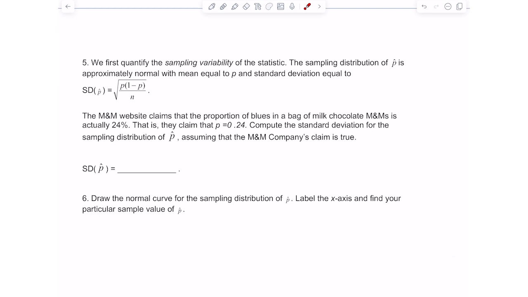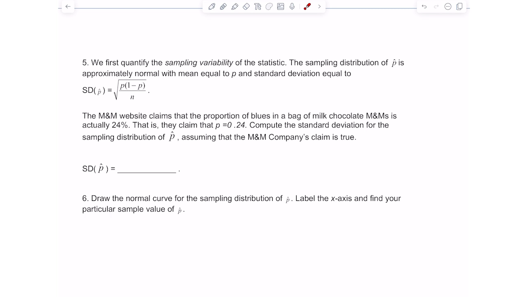So we're going to look at the standard deviation. Keep in mind that we don't know the standard deviation of the population. If you'll recall, when we were looking for standard deviations of proportions, this was the formula. But when we're dealing with confidence intervals, we don't know p. I don't know the true proportion of M&Ms that should be blue or orange or whatever. Therefore, I don't know what the standard deviation is.